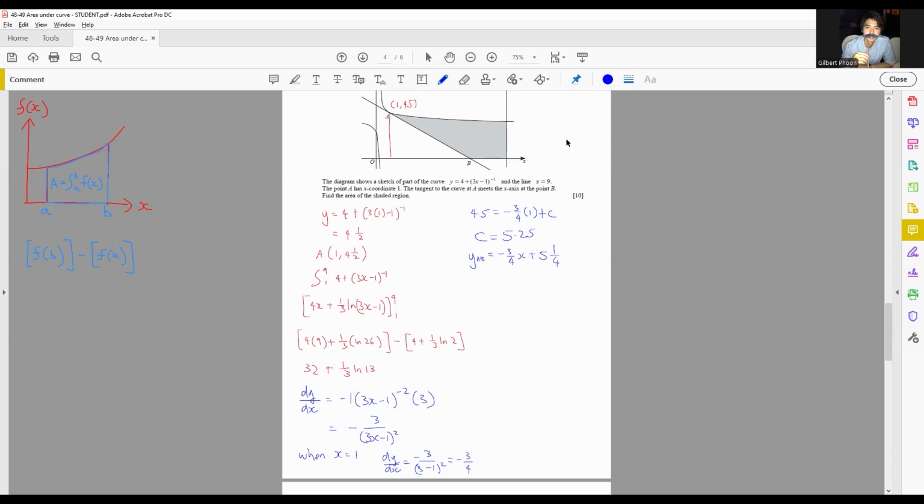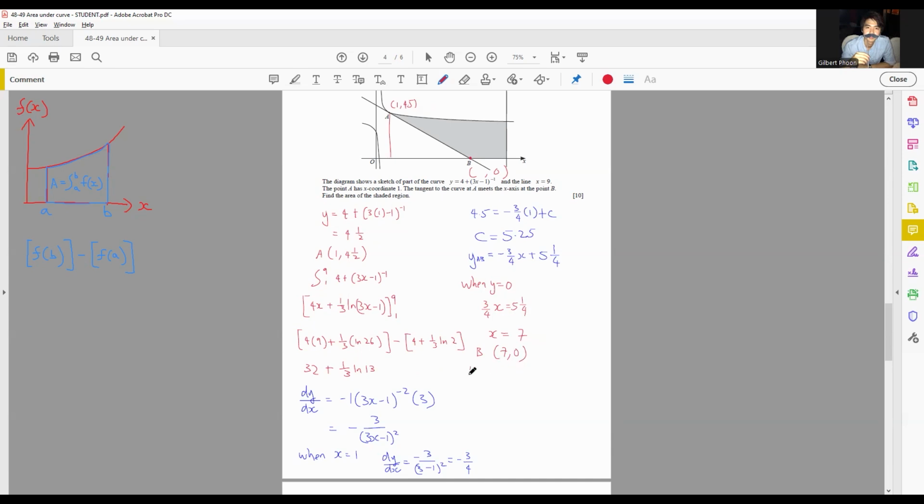Then the next part is when y equals 0, because the coordinate of B is when y equals 0, right? When y equals 0, 3 over 4x is equal to 5 and 1 over 4. Therefore, x is going to equal 5 and 1 over 4 times 4 divided by 3, you will get 7. B coordinate is 7, 0.